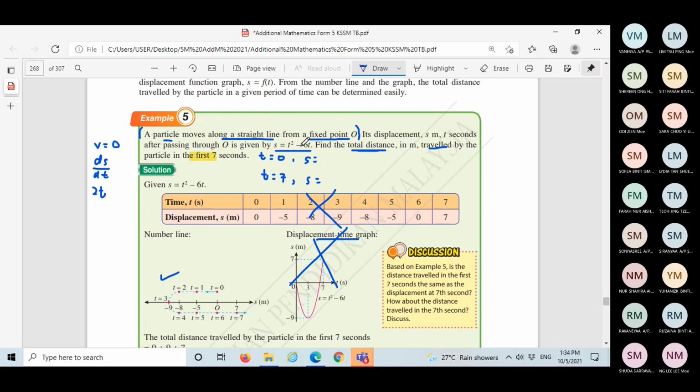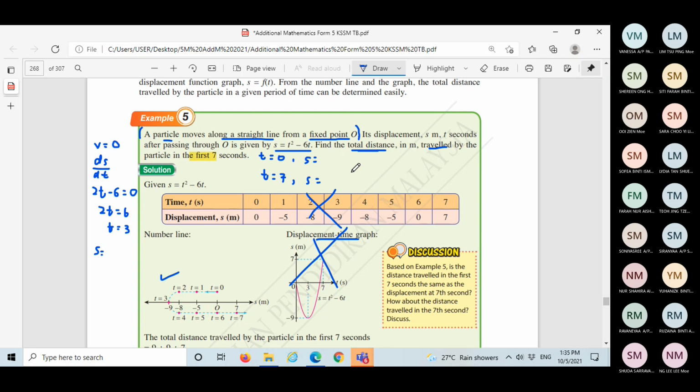Differentiate negative 6t, you get negative 6. Let it equal to 0. I need to know the time when it will rest for a while. So 2t equals 6, then t is 3. So you see, quite simple, no?